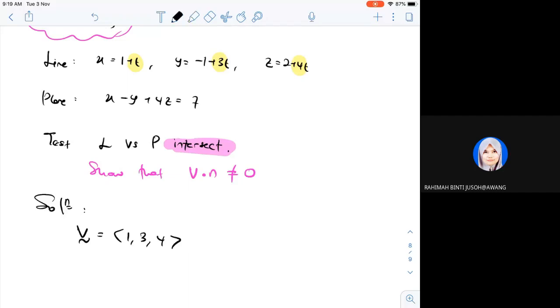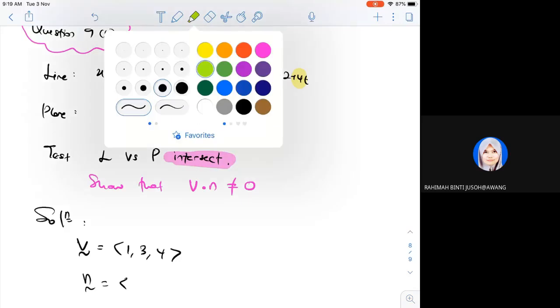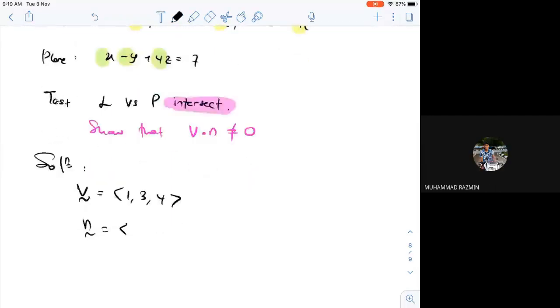Okay, next. Give me the normal vector. Normal vector from the plane. What is the normal vector? 1, negative 1, don't forget the negative. Okay, negative 1 and 4. 1, negative 1 and 4.